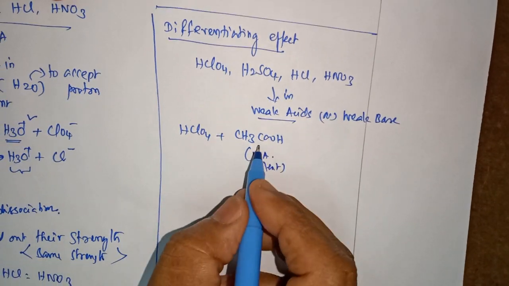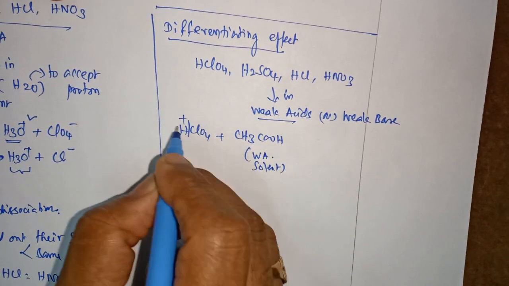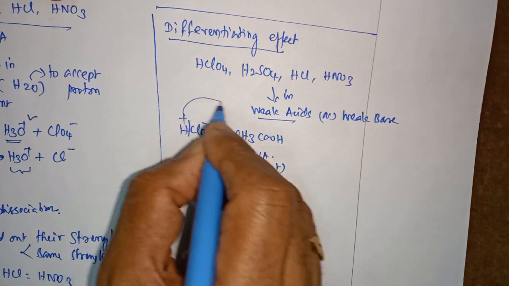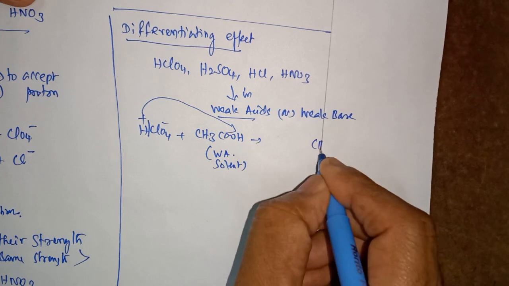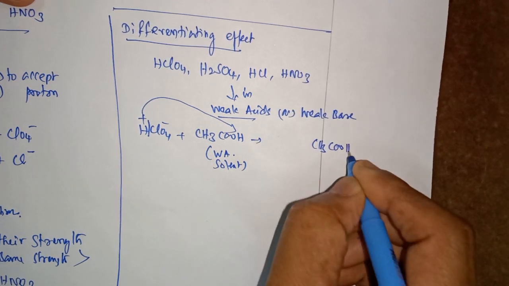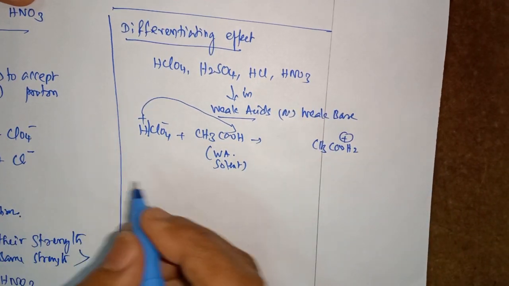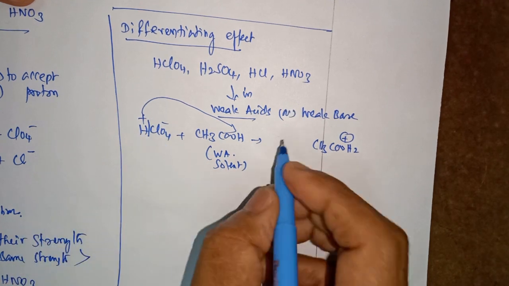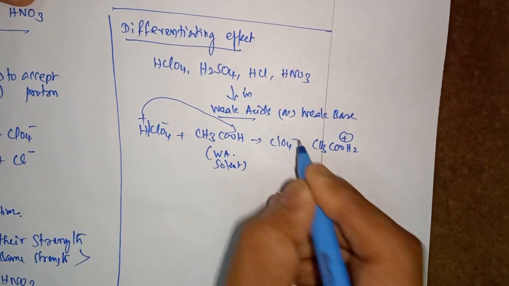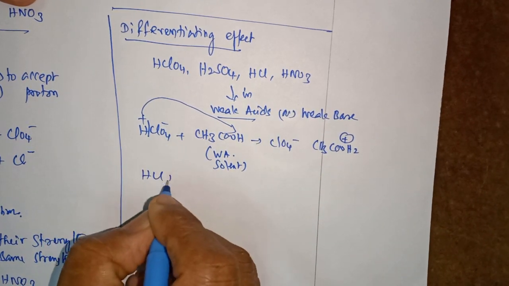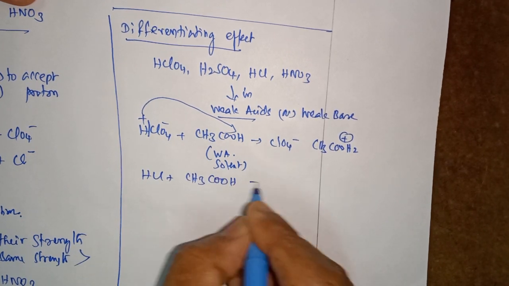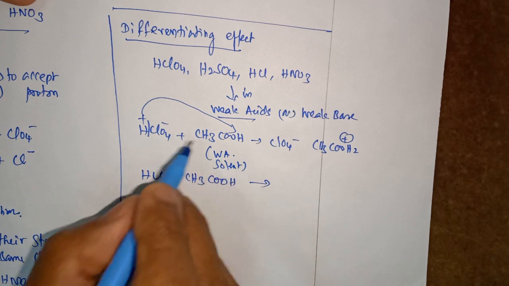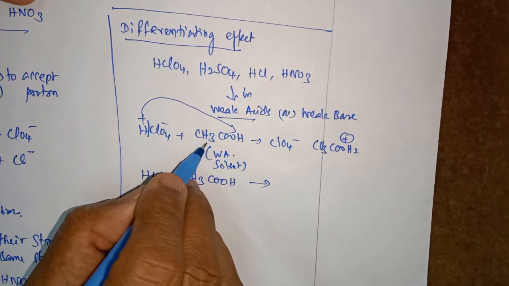What will it do? It will accept a proton from this and it becomes CH3COOH2 plus, oxygen having positive charge, and the remaining part ClO4 minus. If I take HCl, that reacts with acetic acid, then what happens? It accepts a proton.